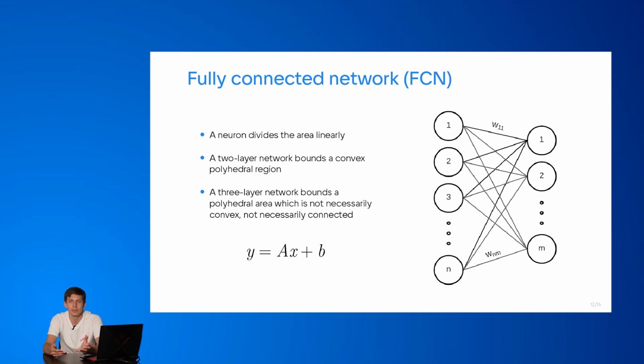The main feature of fully connected networks is dividing. So one neuron can divide an area into two parts, and a combination of neurons can extract more complex shapes. For example, a network with 2 layers can extract convex polyhedral areas, and networks with 3 layers can extract non-convex disconnected polyhedral areas.